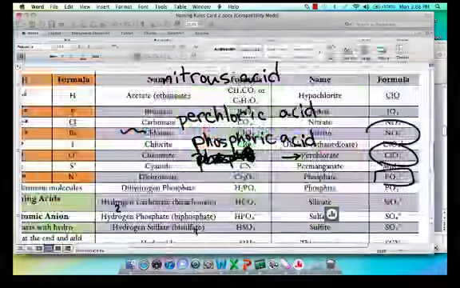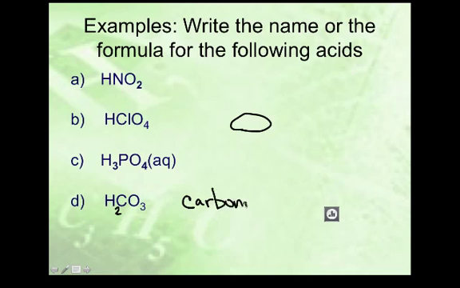So carbonate, -ate becomes -ic. Carbonic. I'm sure some people have heard of that one before. That stuff is in your fizzy soda. Carbonic acid. So we can write the name when we get the formula. Can you do it backwards? I can.